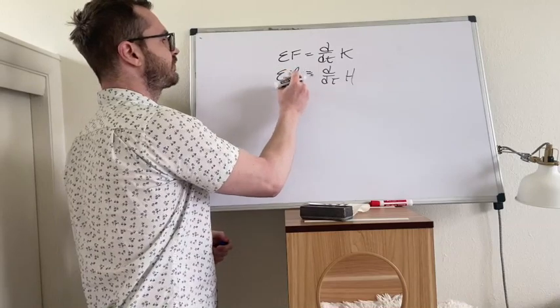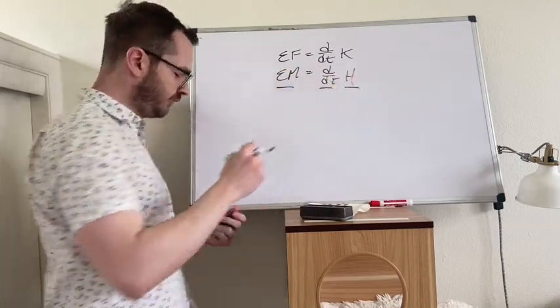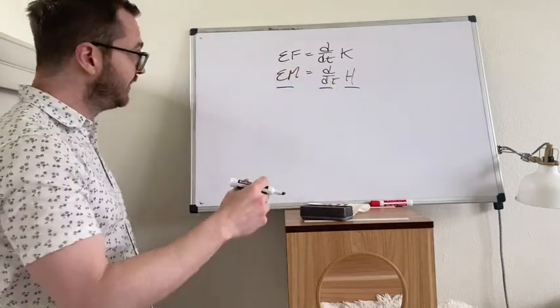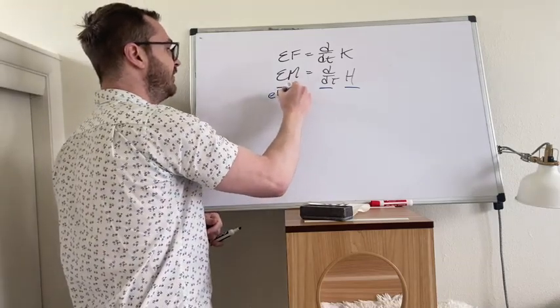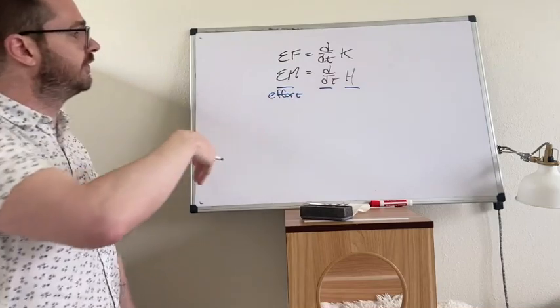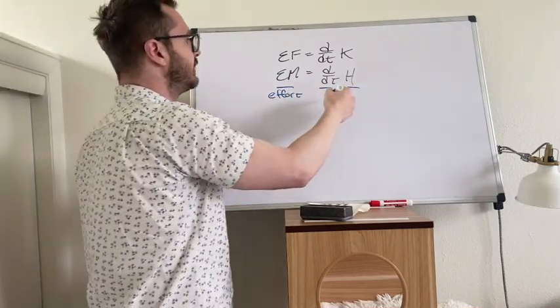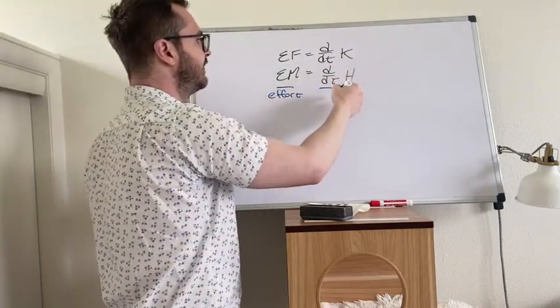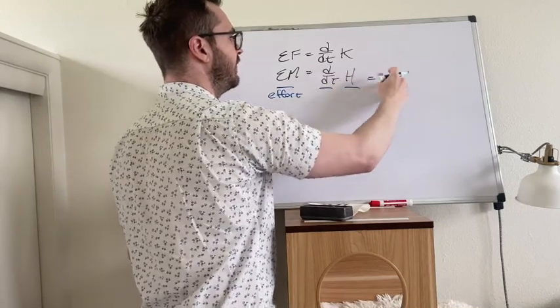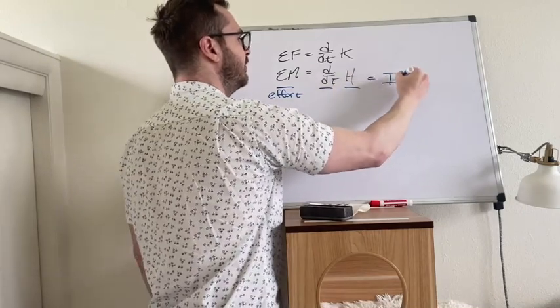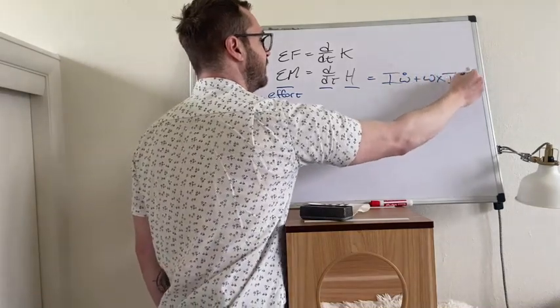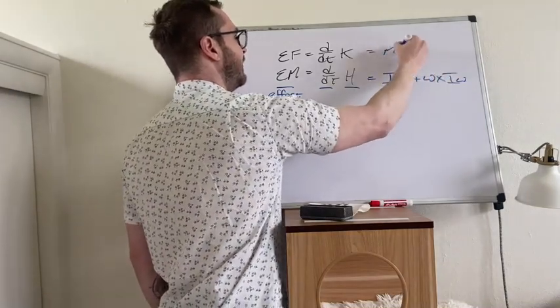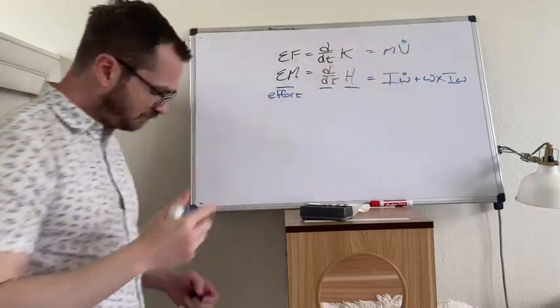So we know that if we take these equations, we can break them up into chunks, right? Here on the left, this is effort, forces and moments. Clearly, we're taking DDT of this stuff, so we know what these are going to become: I omega dot plus omega cross I omega, and here we've got m v dot.